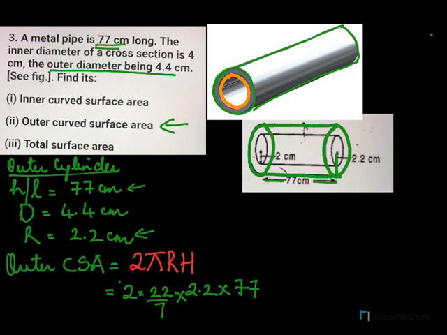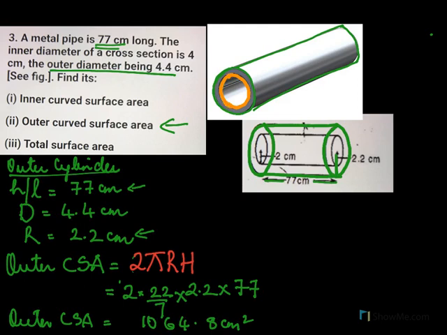There is only one H, nothing is outer and inner H. When you work this out, your outer CSA works out to be 1064.8 centimeter square.